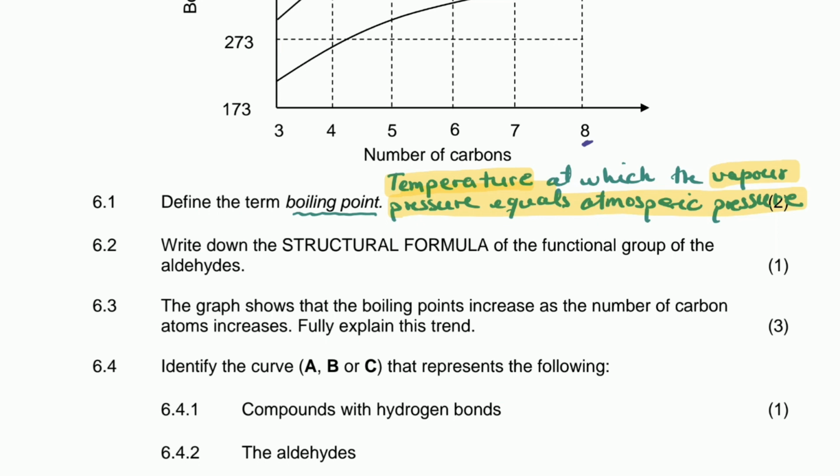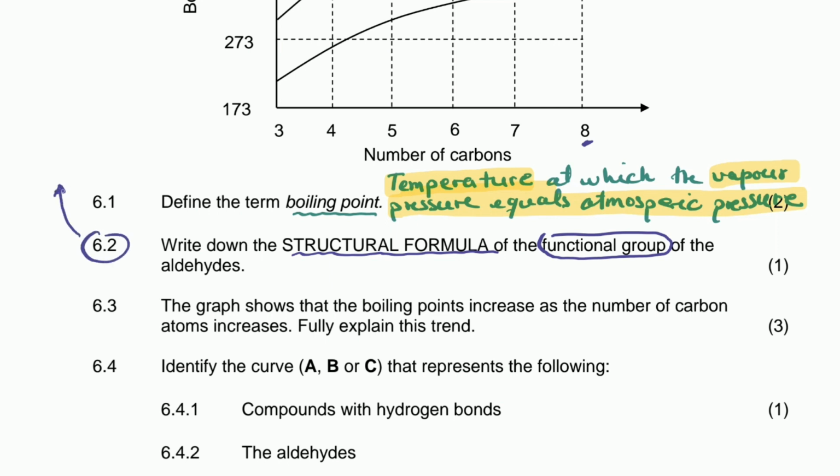Write down the structural formula of the functional group of the aldehyde. And be careful because people attempt to be very fast here. Structural formula of the functional group, not of the aldehyde. Functional group of the aldehyde, and we're going to do it real fast here on top.